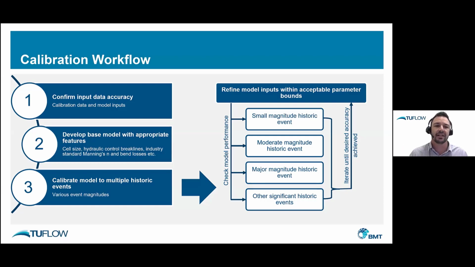Once I've completed that task, I go about developing my first pass approximation of what I think would be a good model using all the available data. And once I've established that using all the industry standard values for Manning's n and bend losses, when you've got 3-dimensional flow conditions that you need to accommodate for, I go through a calibration process, and that's what's displayed on the right.